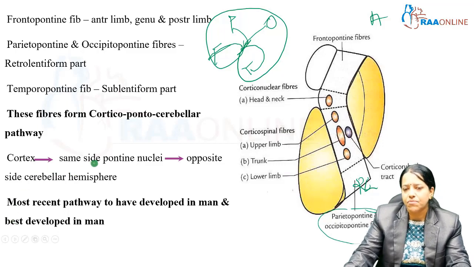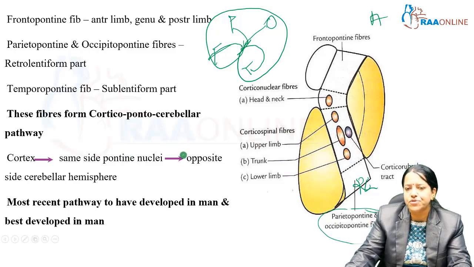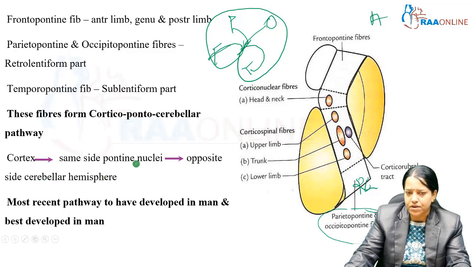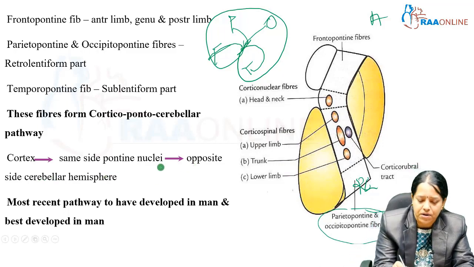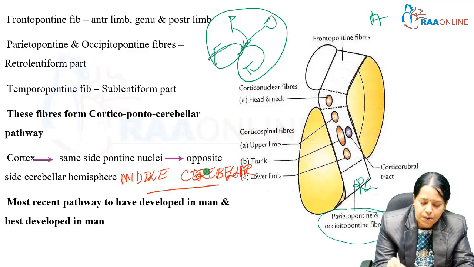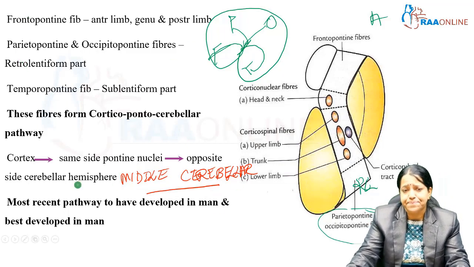The cortex sends fibers to the same side pontine nucleus, where they synapse, and then from the pontine nucleus the information passes to the opposite side cerebellar hemisphere through the middle cerebellar peduncle. This is very important, because it comes as a spotter for you. That's why I am writing the middle cerebellar peduncle. It will pass through that.